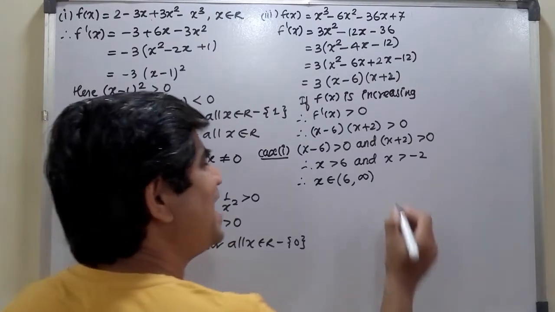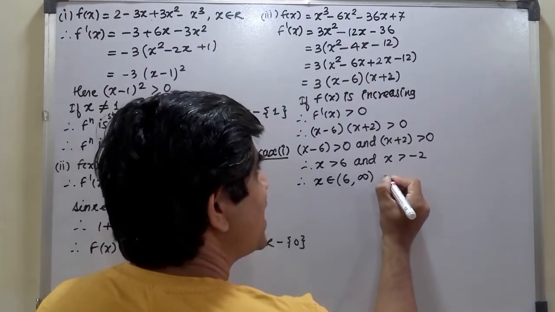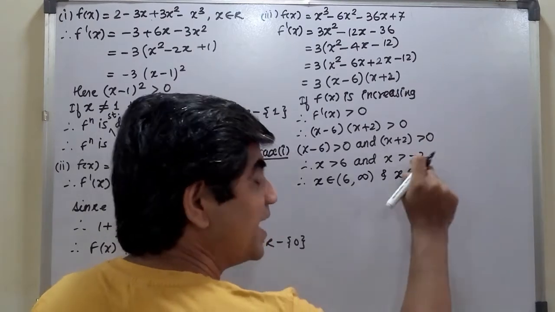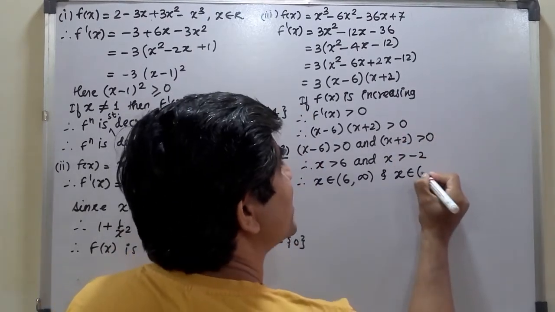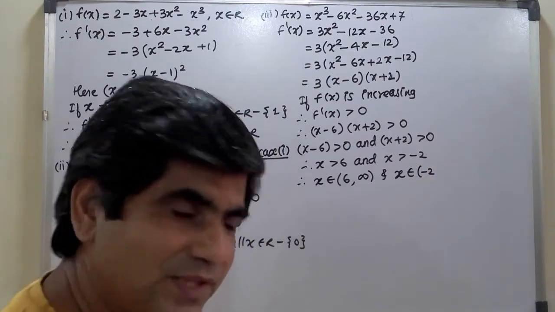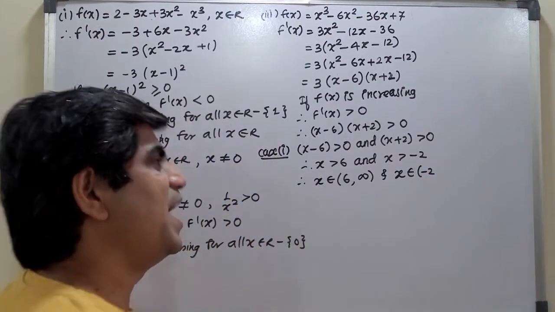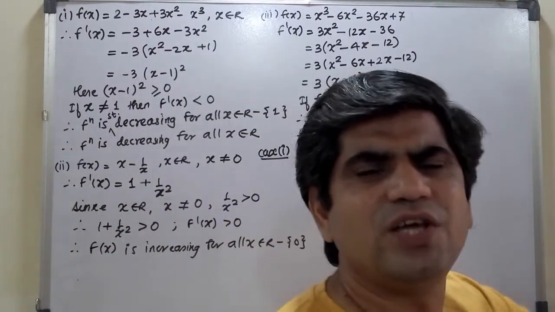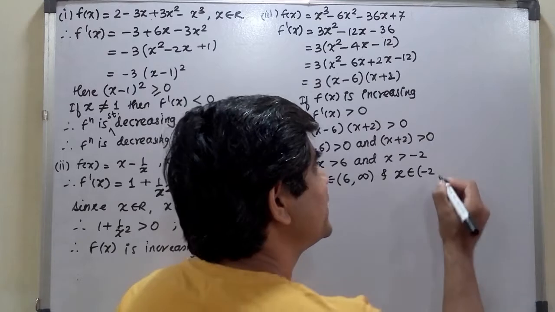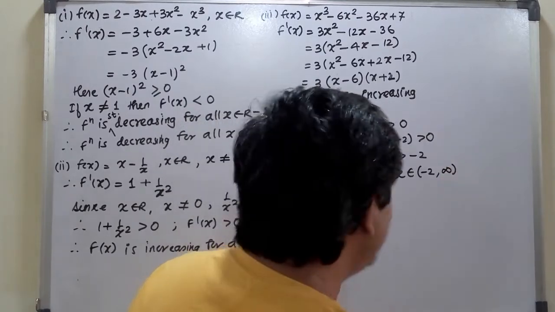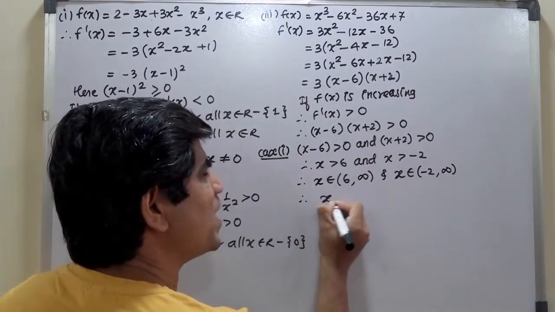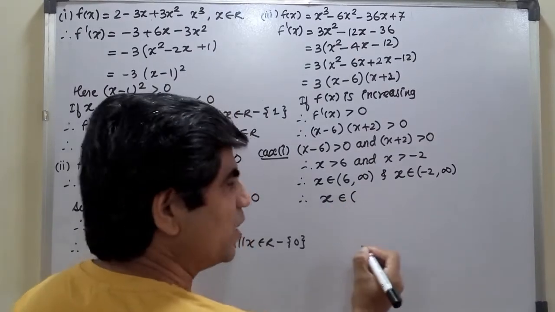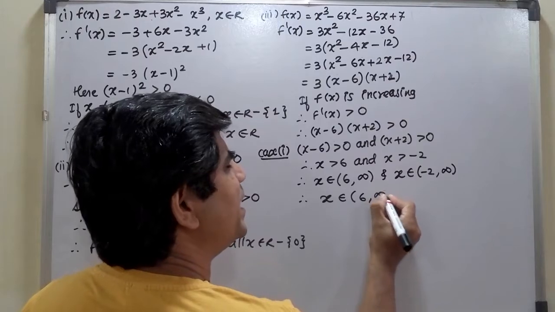Right? And at that same time x must belong to, see this, greater than minus 2 means not including minus 2. It will go up to what? Again this will go from minus 2, then continuing further minus 1, 0, 1, 2, 3, 4 up to infinity. Right? So case 1 gives me x which belongs to the open interval of 6 to infinity.